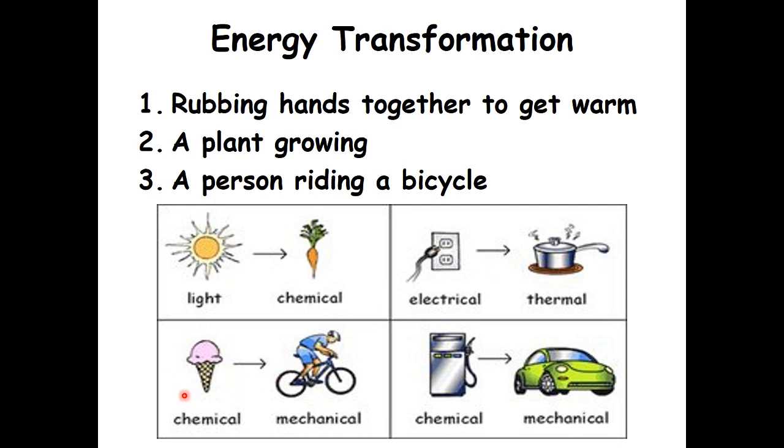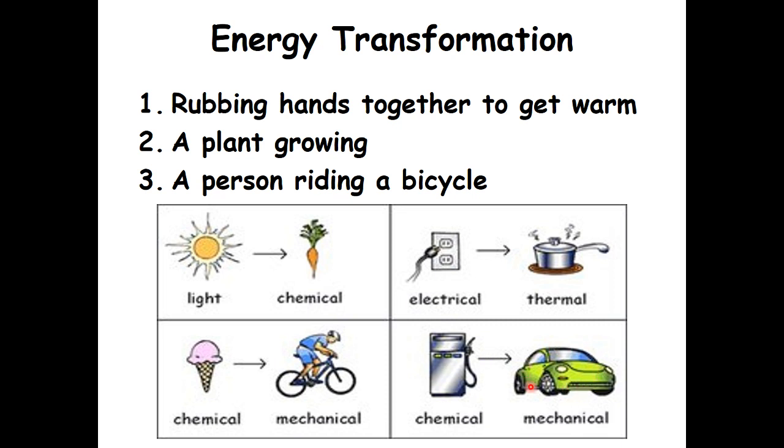Same thing here: a person eating an ice cream and then going out for a bike ride. The energy in the ice cream is chemical energy in food, remember? And then riding the bike is mechanical energy, physically moving. The last example here is the gasoline you use for your car. It has chemical energy.